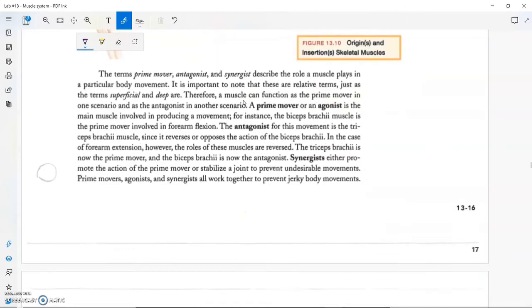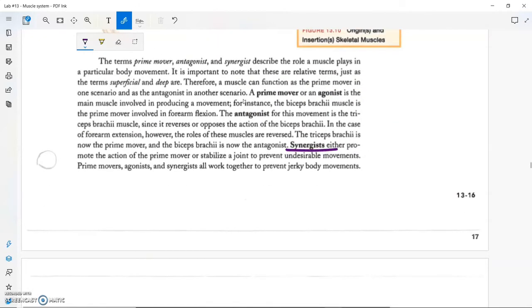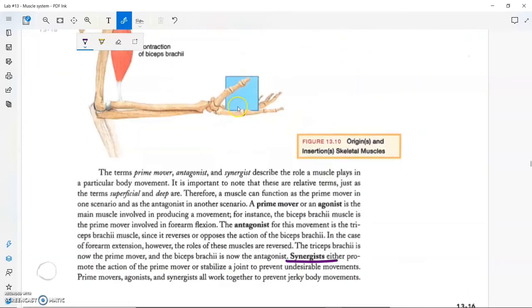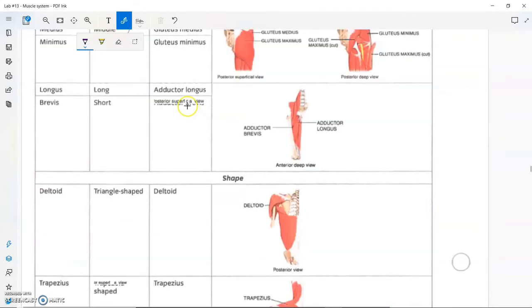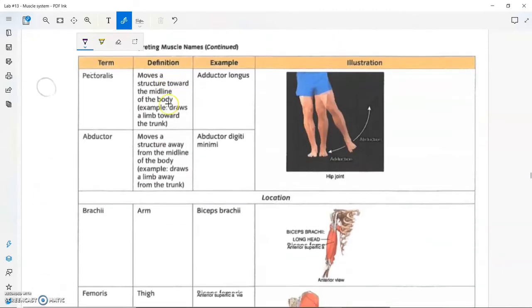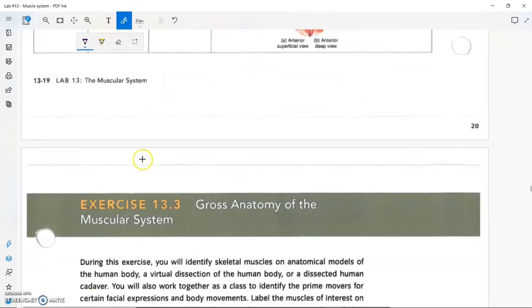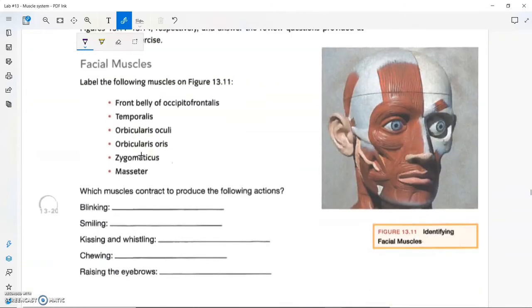There are also synergist muscles that help other muscles to produce a movement. For instance, for flexion of an elbow, biceps will be a primary mover and brachioradialis will be a synergist. It's a lot of different terms, which we're not going to review here. And we're going to try to do some general anatomy.